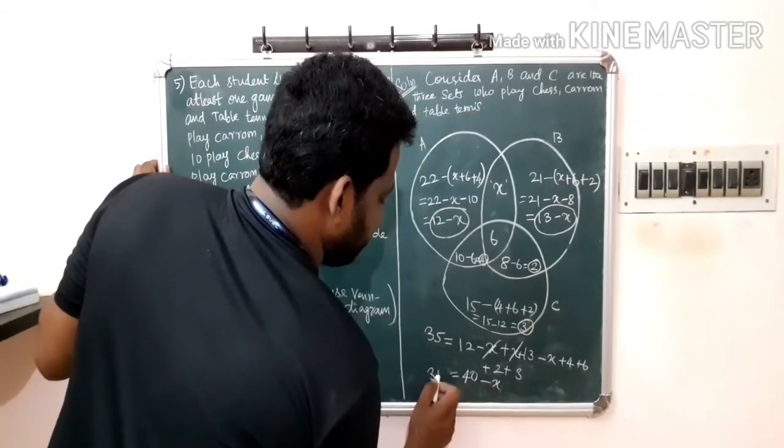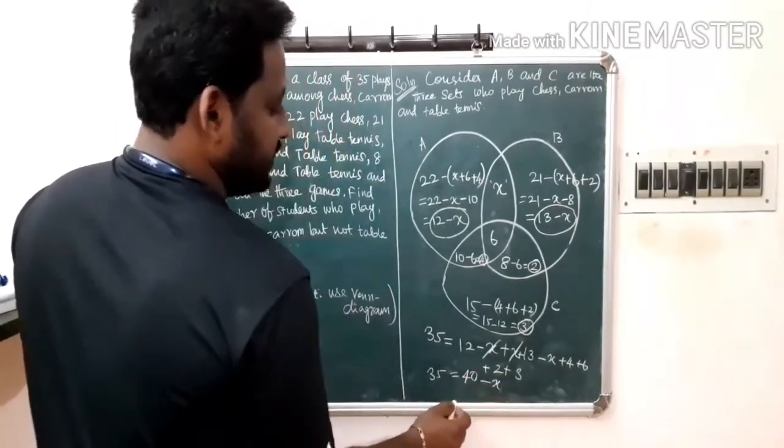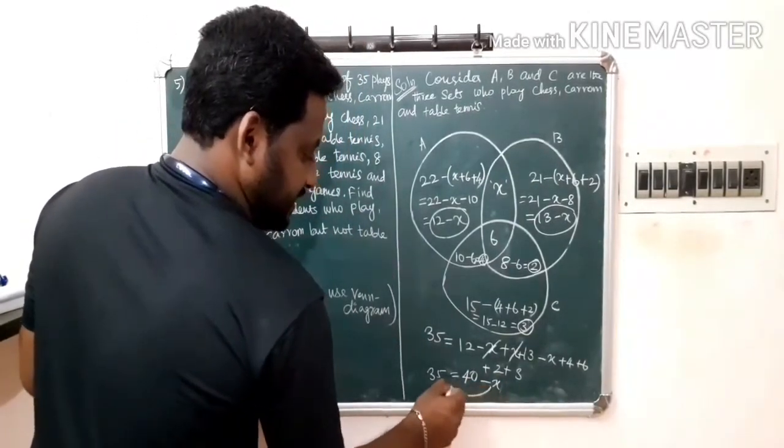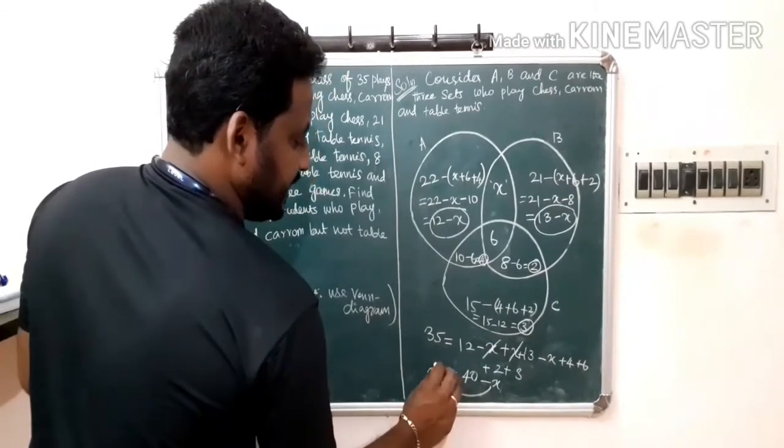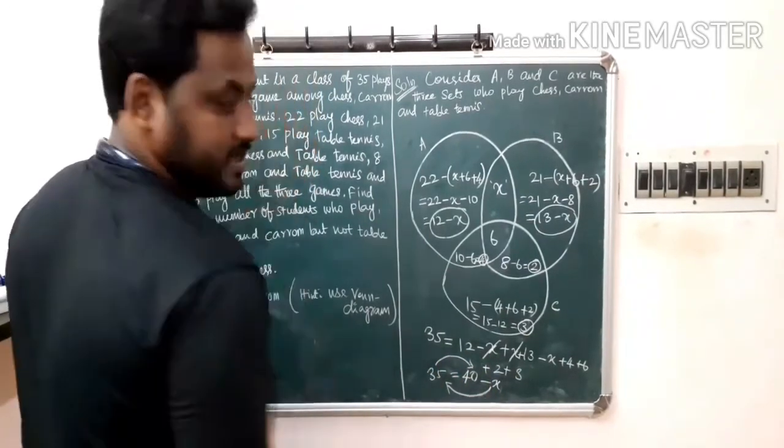So 35 is equal to 40 minus x. Here we have to find out the value of x. So minus x will change into plus x, and the 35 we shifted over here, plus 35 will change into minus 35.